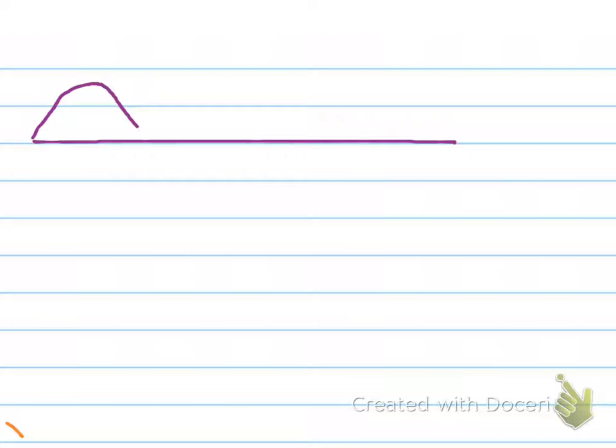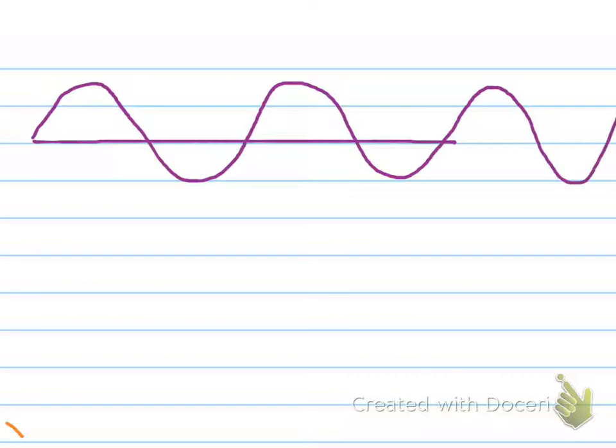So when we draw a wave, actually I'm going to put it more in the middle, sorry. We draw a wave looking like this. This line here is our 0 line.